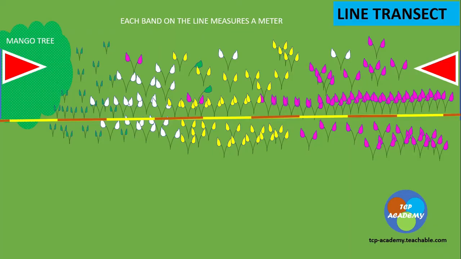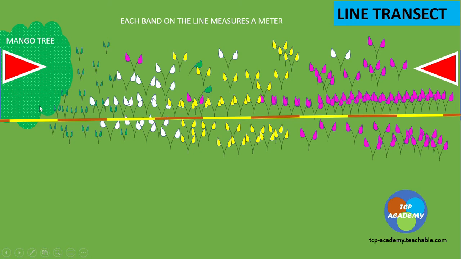Let's look at the line transect as it were in our local situation. Now, the line transect here, for simplicity, is tied to two flagpoles, a red and white flag, and a pole here. Our interest here is to look at the distribution of the organisms along this transect line.